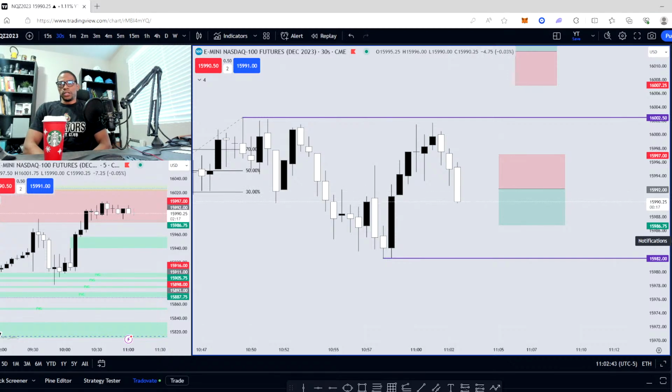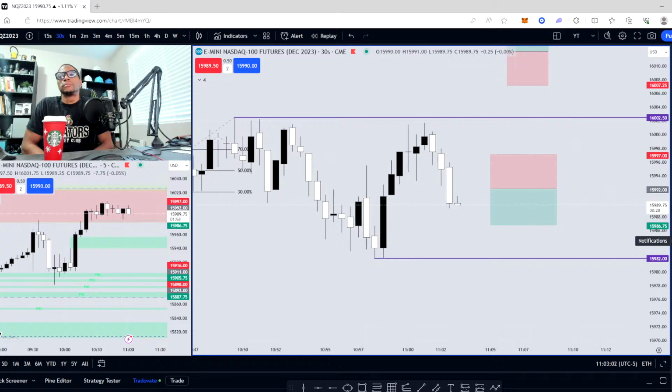Okay, we're back in the middle of the zone again. This price is starting to show slower movement.